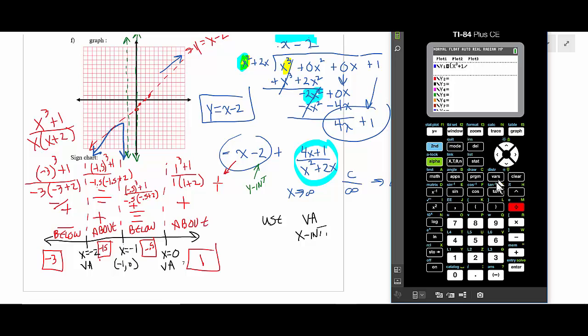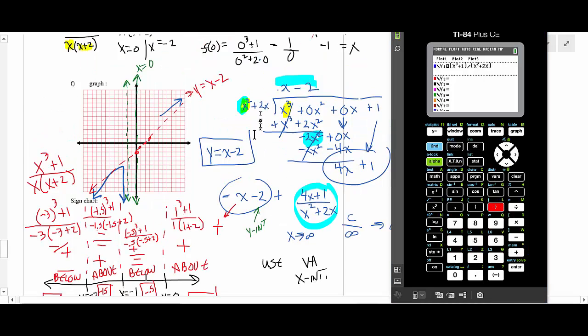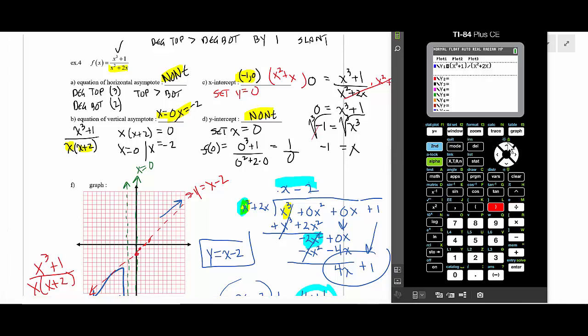Then divide by the denominator, and close the parenthesis. I'll write it the way it originally was, x squared plus 2x. That's the original problem that I gave you. We want to do this in a standard window, so once you get that put in, you can go to Zoom number 6 to put it in a standard window.